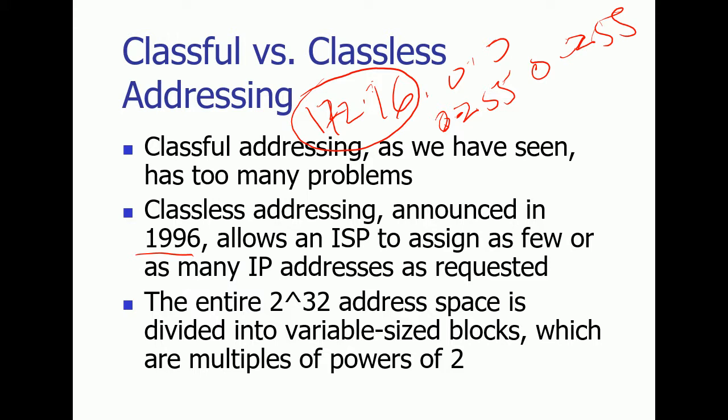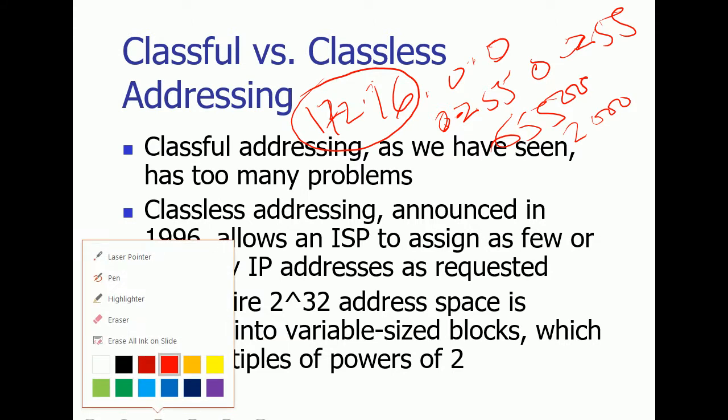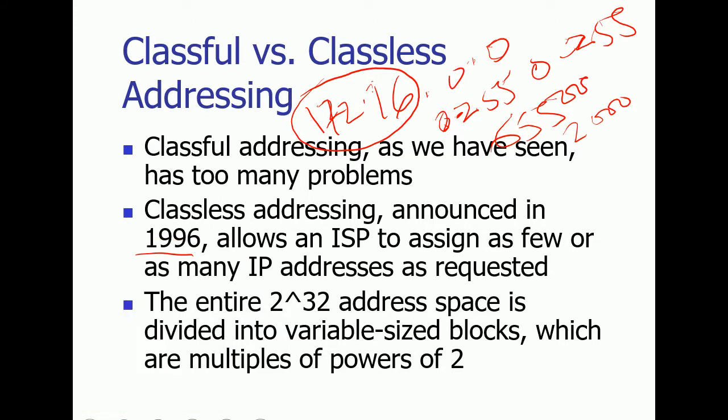We all know that near about 65,500 hosts can be allotted in a class B network with all the permutations and combinations of the two host octets. Suppose the organization uses only 2000 or 3000 addresses, the rest becomes waste. So this is the biggest problem with classful addressing, right?